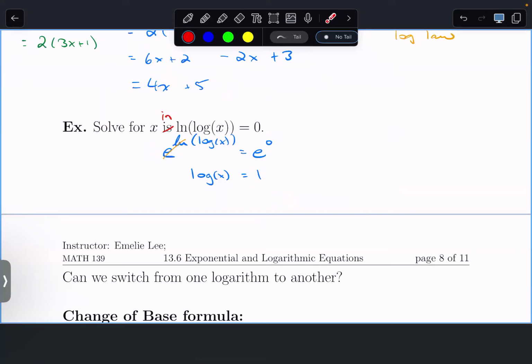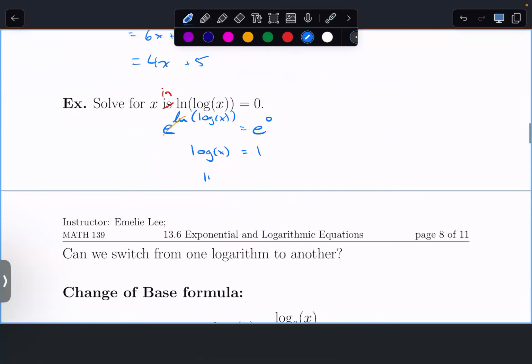I'm going to do the same thing again. This is log base 10 of x. I need to get at the x. So as long as I do this, 10 to the power of the log of x is 10 to the power of 1, I can do that. They're still equal.